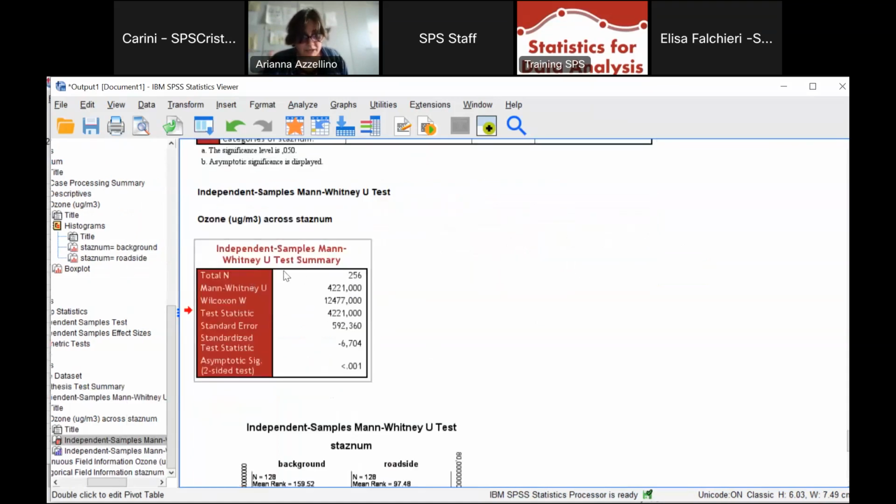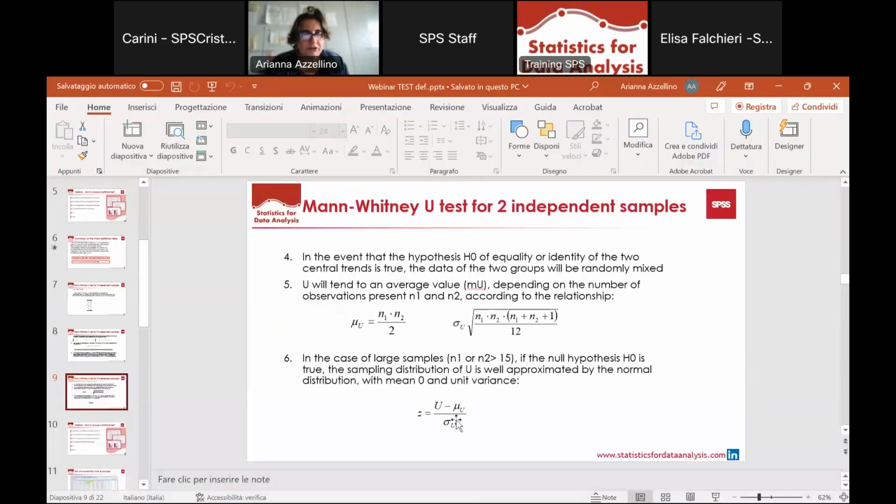In this table, we have the complete set of statistics. And again, here we can see this minus 6.7 is exactly the value of the Z-score that is obtained using this formula here, and the estimate of the mean of the U statistic and the variability of the U statistic.